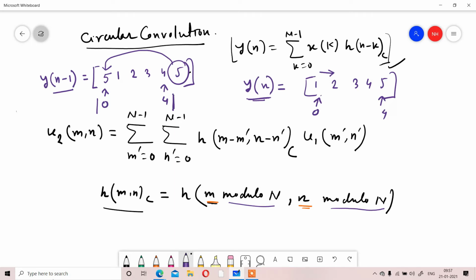That is the representation of circular convolution. Whatever shift you consider, you always get back to your modulus value.